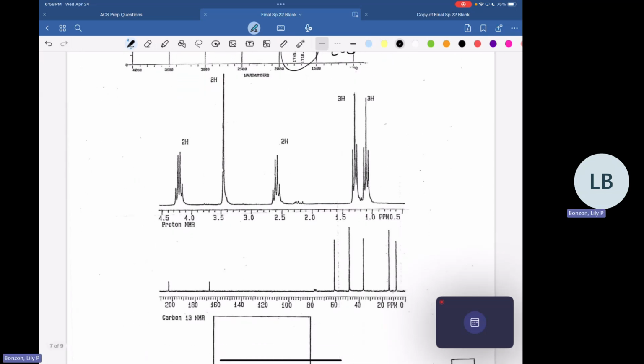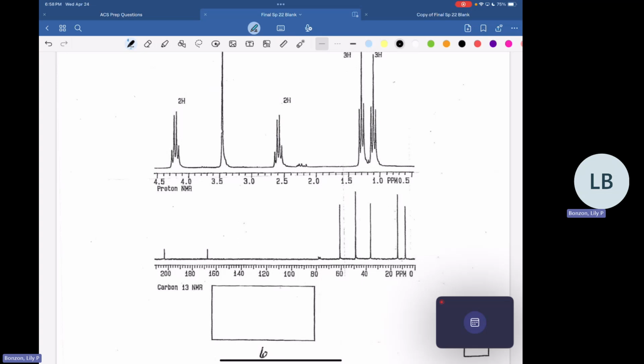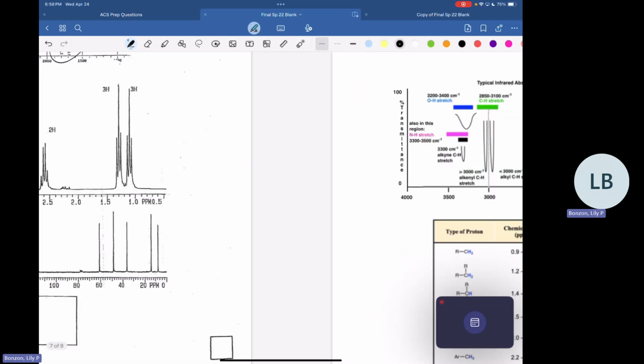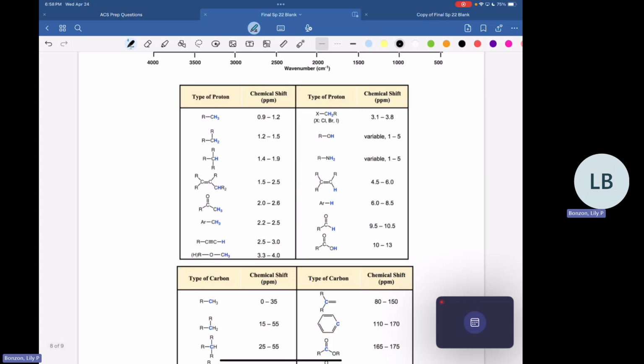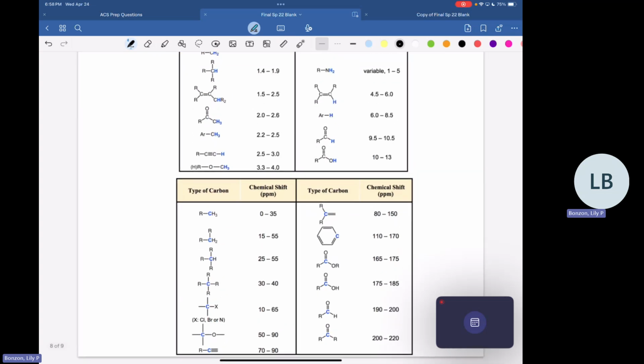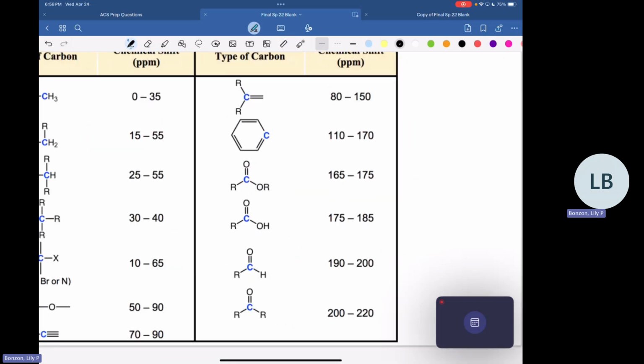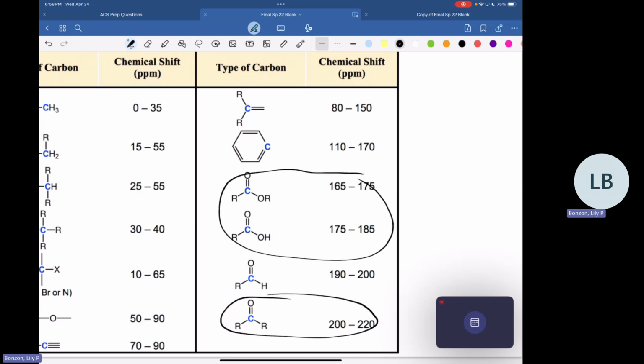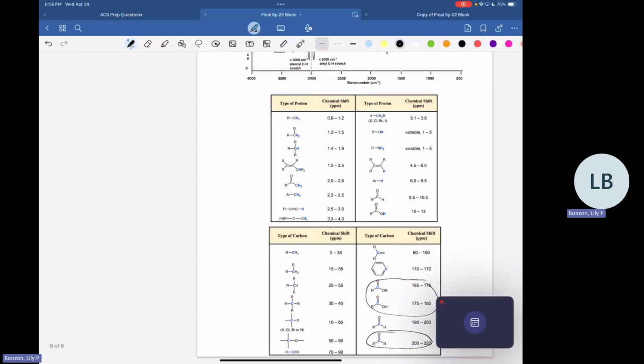Skipping ahead to the carbon-13 NMR, we have these 2 peaks that are very far to the left. This isn't the table that you'll have on your exam, I just pulled this off the internet. We have a ketone peak that shows up at about 200 to 220, and a carboxylic acid derivative, like an ester, at about 165 to 185.